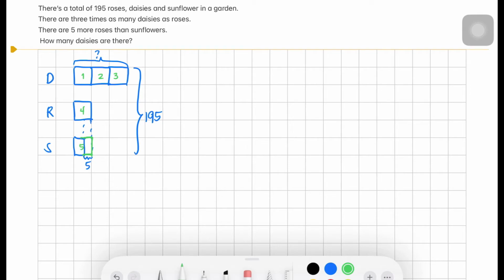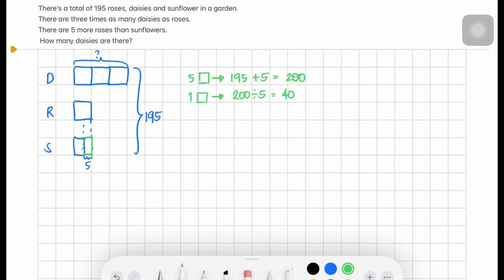Okay, so those 5 units will be equal to 195 plus 5, and that is 200. I'll get a unit by dividing 200 by 5, which will give me 40. Okay, are we done solving the problem?